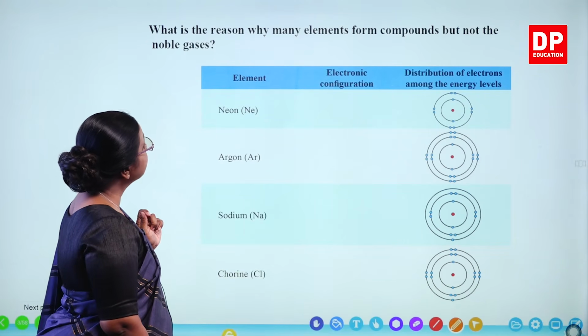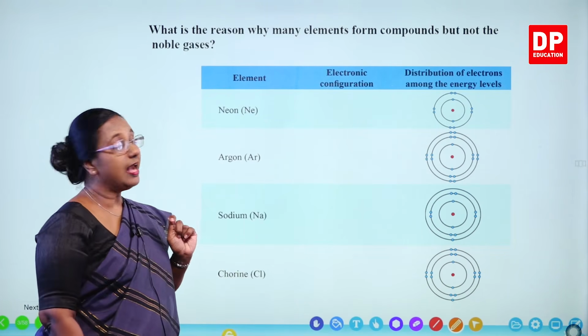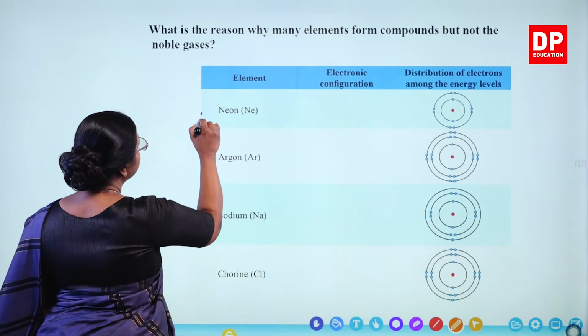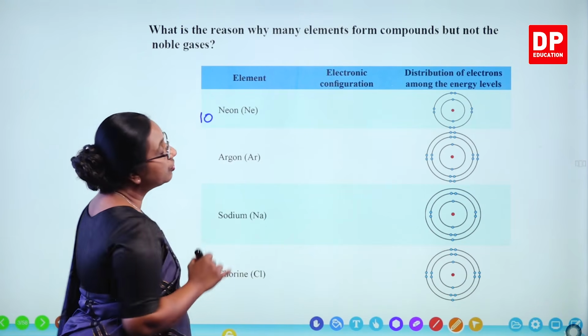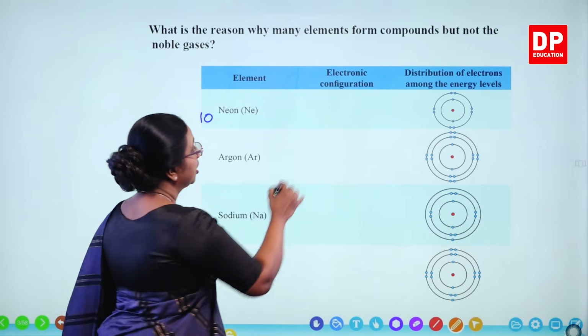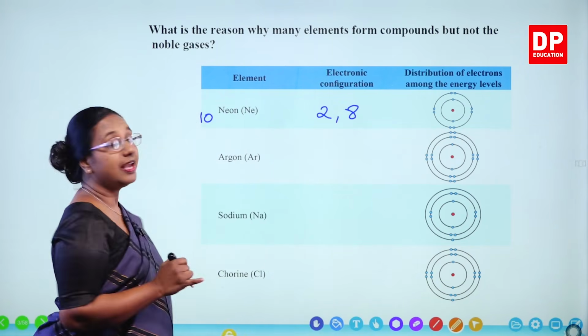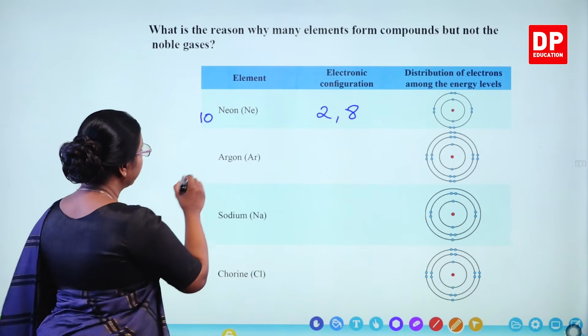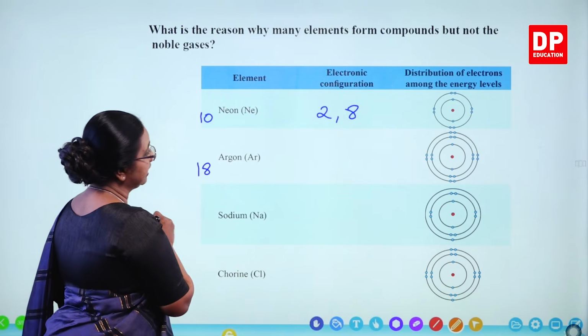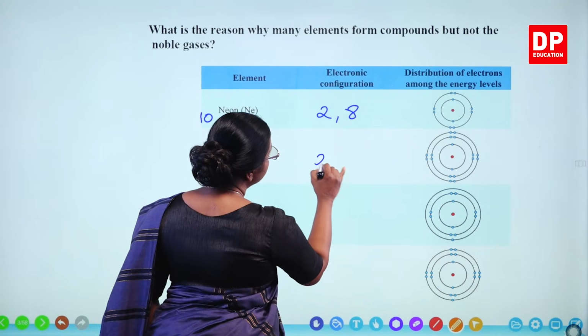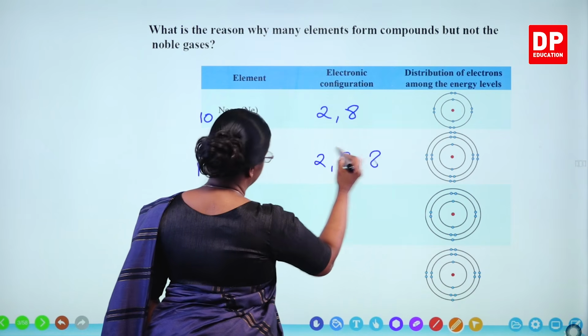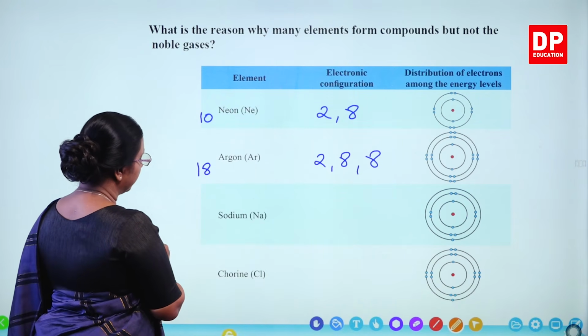First, if we take neon, neon has atomic number 10. So you know the electronic configuration, 2, 8. Then take argon. You know the atomic number of argon, 18. So this is 2, 8, 8. Then we take sodium.